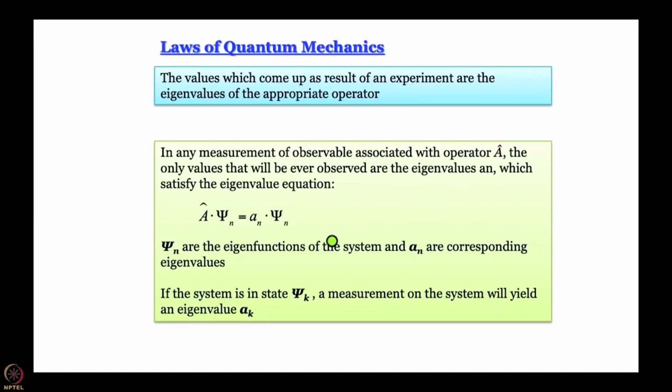And how does it give you the answer? In the form of the eigenvalue that we get. So, we can only have a specific value of that property if one can write an eigenvalue equation with the corresponding operator for the wave function that is characteristic of the system.